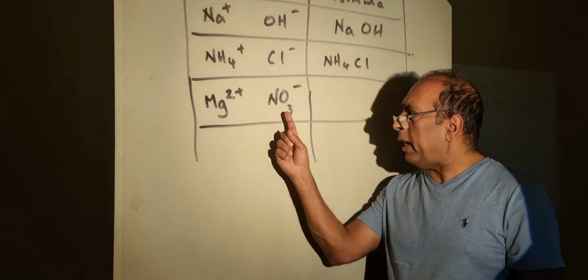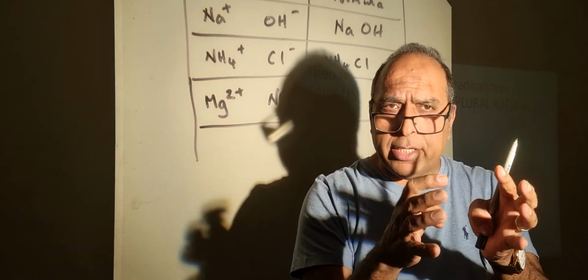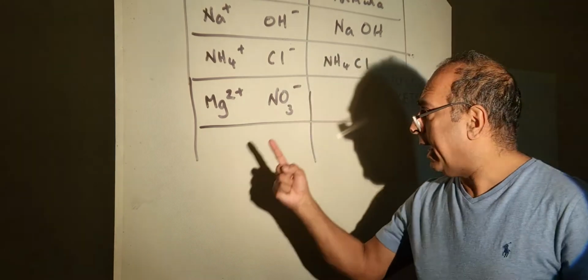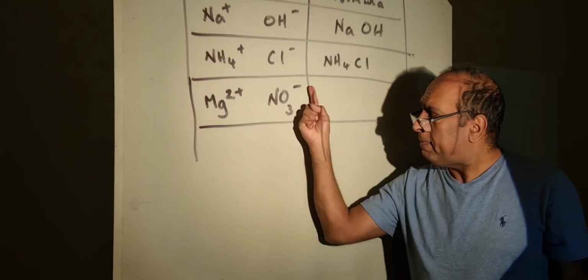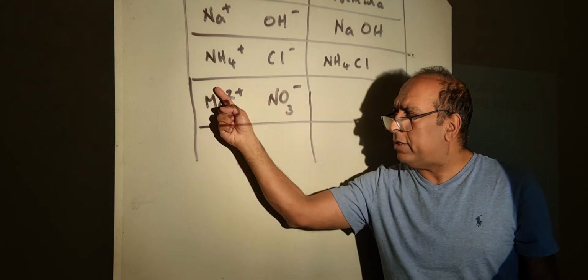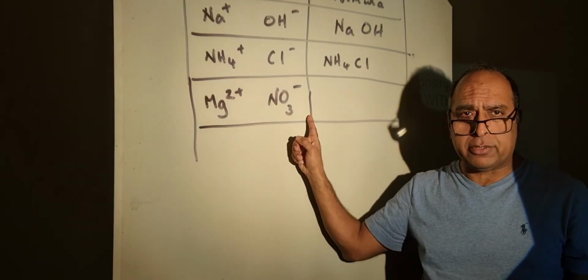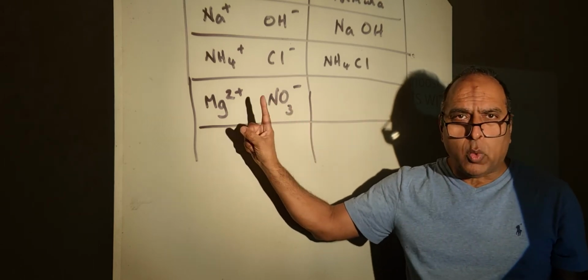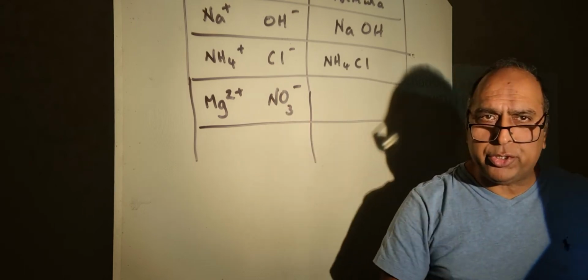It's made of 1 nitrogen and 3 oxygens. Those 4 atoms all together have a charge of 1 negative. The difference is you want 2 of these for every 1 of those. 1 to 2. How do you write that down?